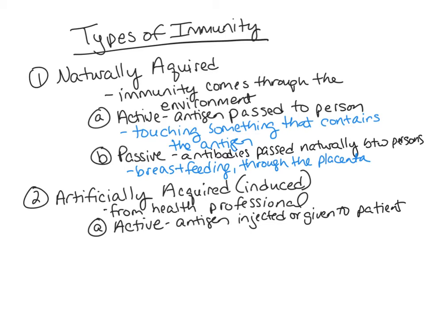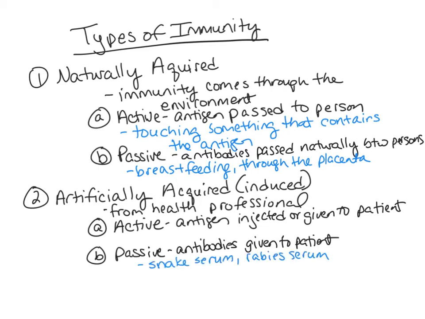And then the last one that we have is artificially acquired passive. Again, this is through a health professional, but it's passive, so it's antibodies that are being given. When would a health professional give antibodies, like immunoglobulins? Snake bite, right?